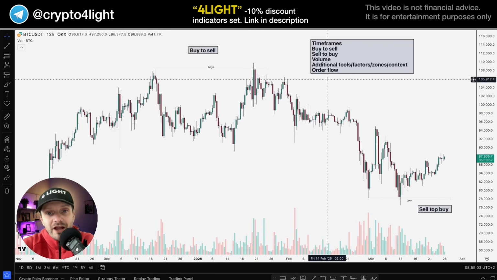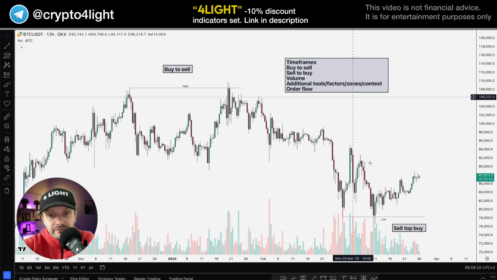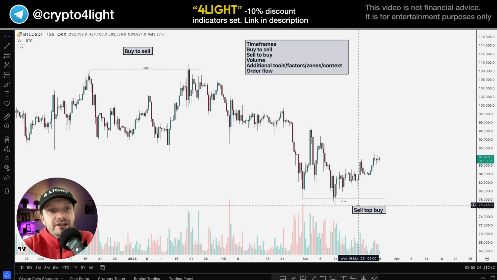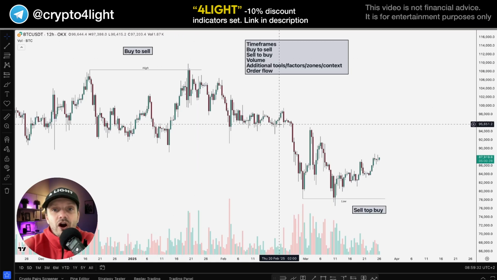In this case, we have to work with additional tools, with some factors: where we are globally on the monthly time frame, the weekly time frame, the daily time frame, where the main zones of support or resistance are, where the main imbalances are. Because in this case, we dumped exactly to close a weekly gap. It could be the monthly gap. So where we stop after the buy to sell model depends on the context in general.